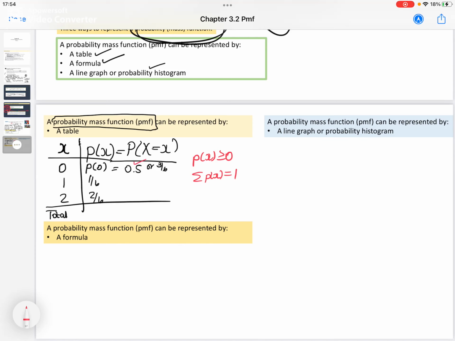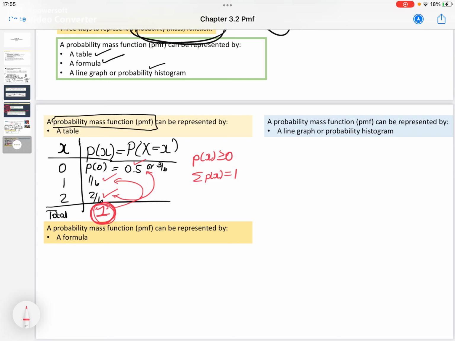So we have 0.5, 1 divided by 6, 2 divided by 6. All 3 probabilities are positive, yes. And if we add them up, 3 divided by 6 plus 1 divided by 6 plus 2 divided by 6 will add up to a total probability of 1. So we see that the total probability of 1 is distributed in this way for the possible values of random variable x.